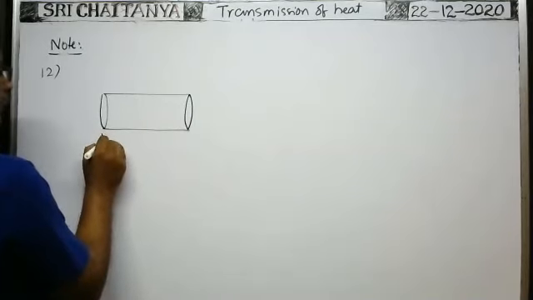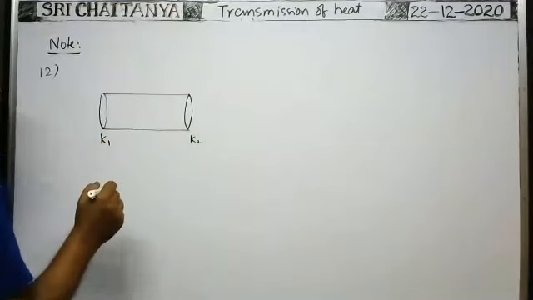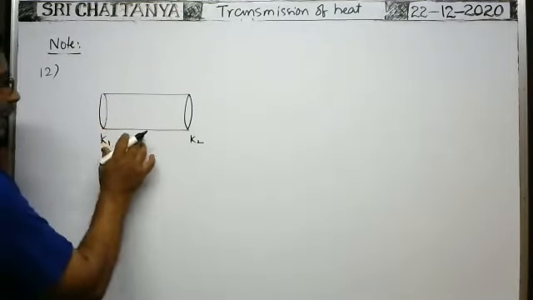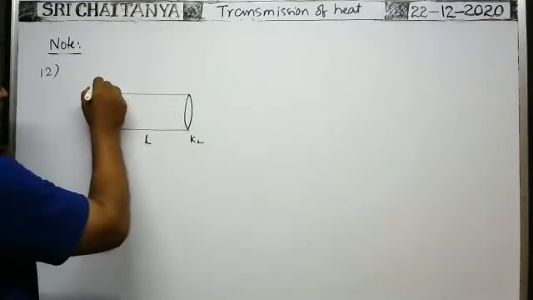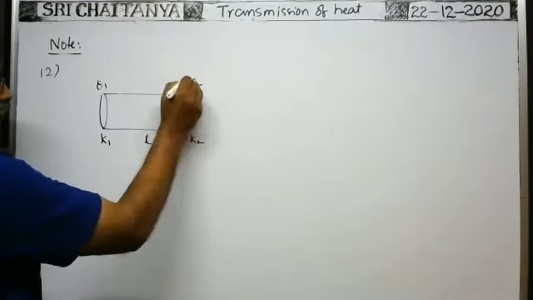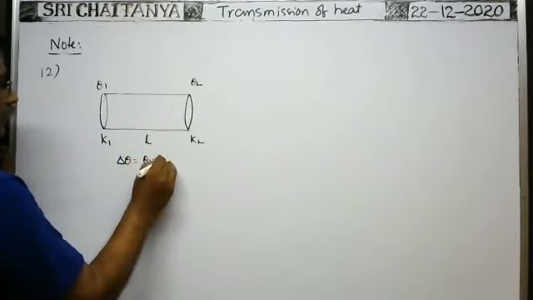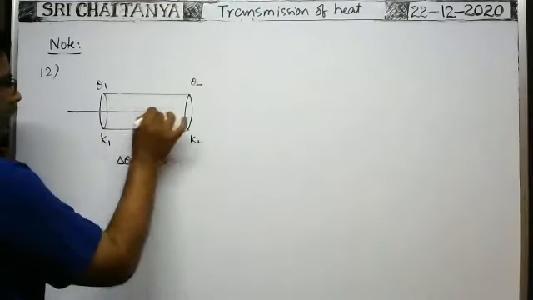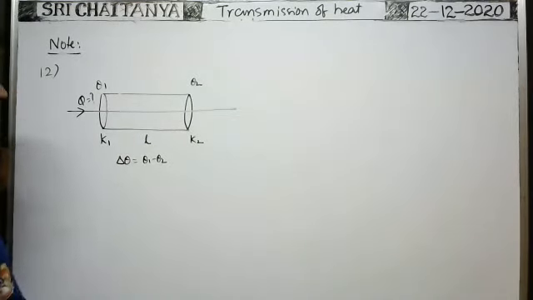The coefficient of thermal conductivity at the first end is K1, at the second end K2, varying linearly with distance. The length of the rod is L. The temperatures are theta 1 and theta 2, so the temperature difference across the rod delta theta is theta 1 minus theta 2. What is the heat energy Q transmitted through this rod?